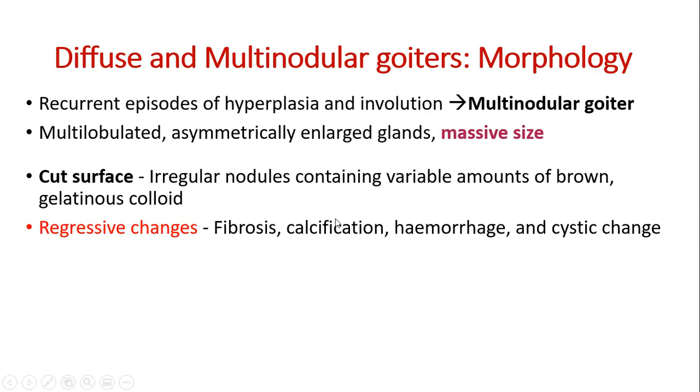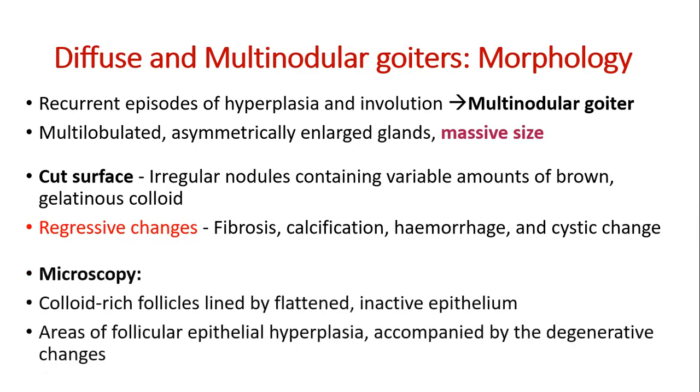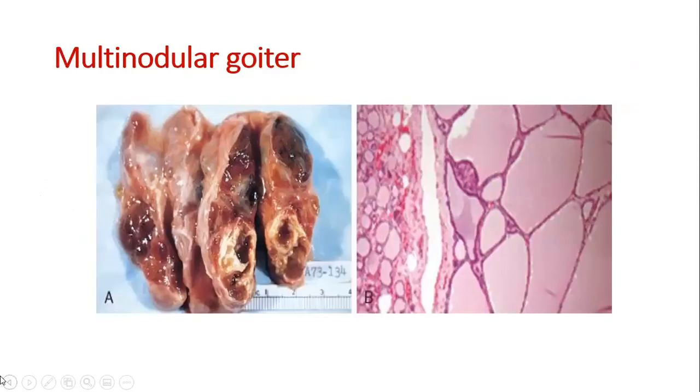Regressive changes, fibrosis, calcification, hemorrhage, and cystic change are seen. Microscopically, you see colloid-rich follicles and flattened epithelium in the multinodular goiter state. Inactive epithelium and areas of follicular epithelial hyperplasia accompanied by degenerative changes are also seen. So if this is a normal thyroid, here you see enlarged thyroid glands.